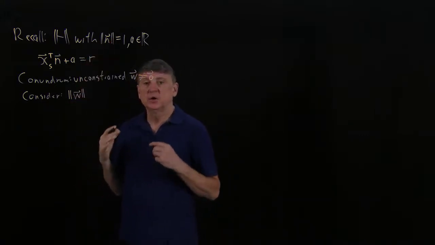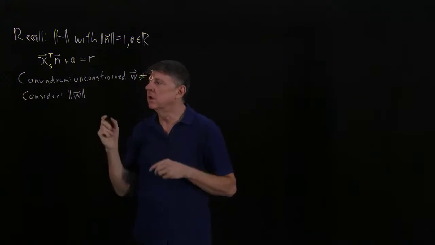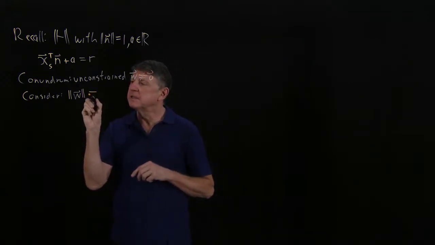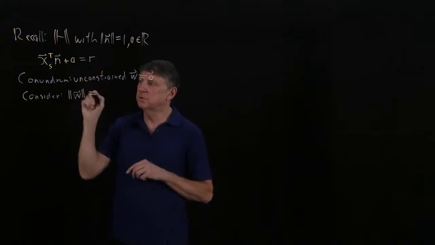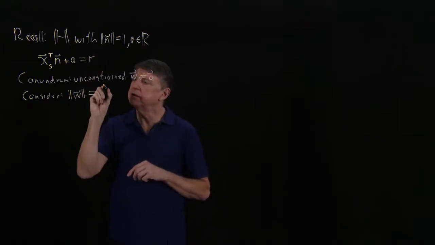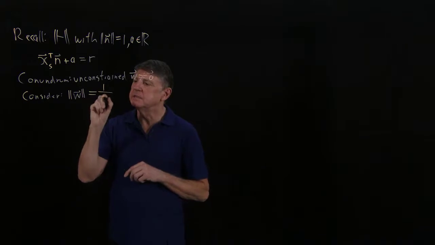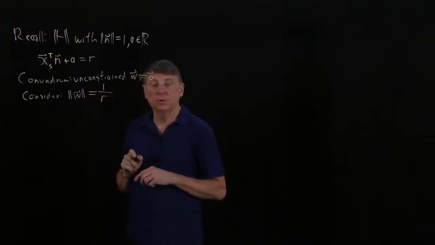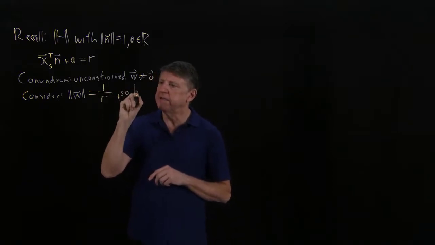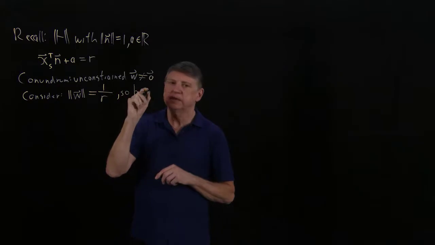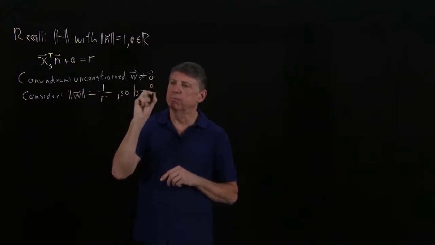And since they're non-zero scalar multiples, I could represent the length of any vector that corresponds to a unit normal as, instead of r, 1 over r. And that then gives us that the bias scalar is going to be a over r.